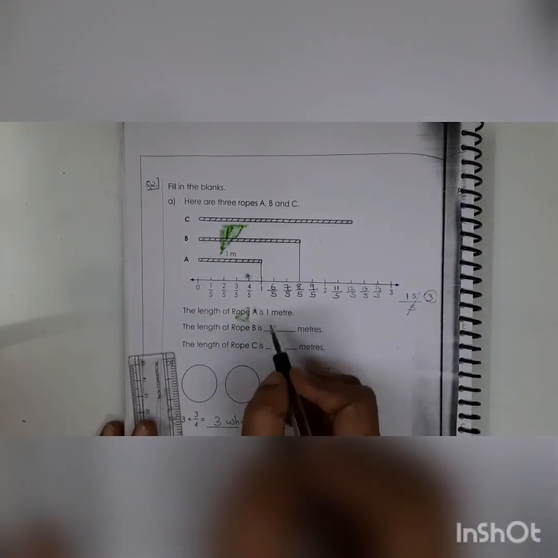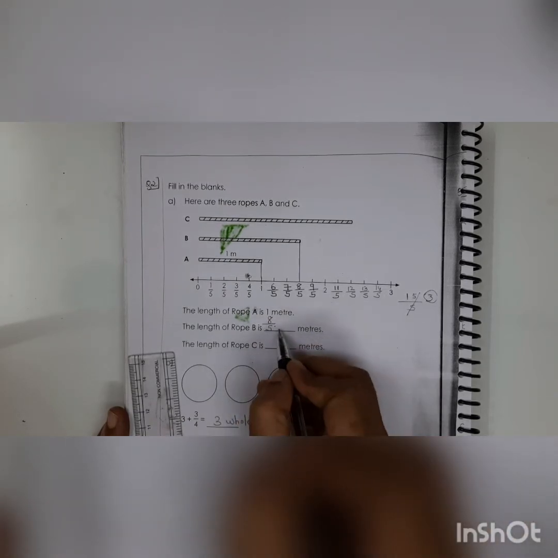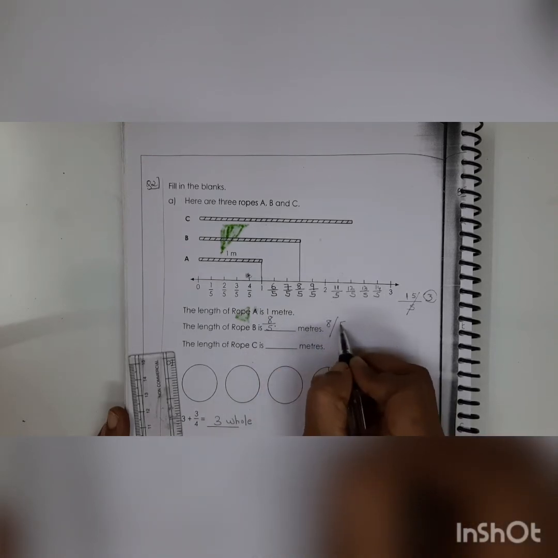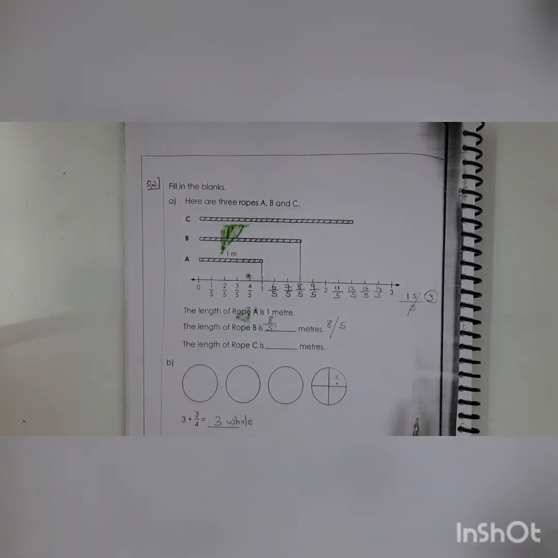So you get 8 upon 5. You could either write it like this, or both ways are right. Now the length of rope C, I am not going to help you, children. The length of rope C, you find out and you write.